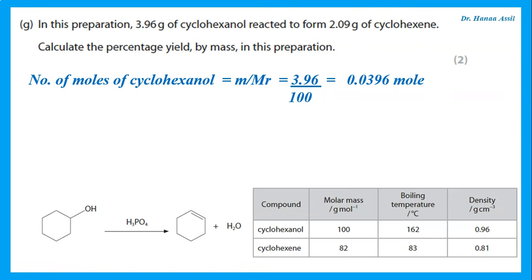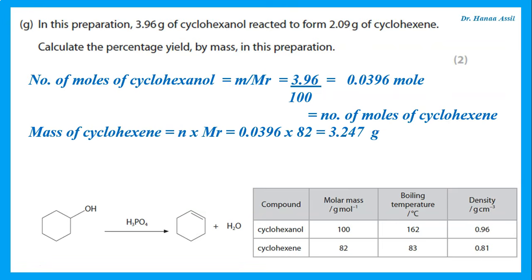Now, looking at the equation, we can tell that the number of moles of the cyclohexanol is the same as the number of moles of cyclohexene. So we have now the number of moles of cyclohexene. We can get the mass of the cyclohexene. Mass is number of moles times Mr, which is already given in the table.